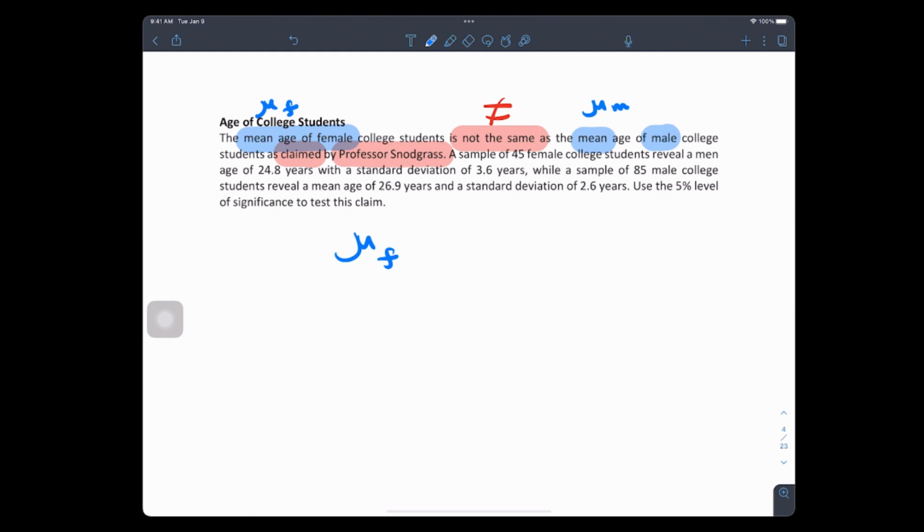You can say mu1 or mu female is not the same as mu male. Our claim. Okay? All right.